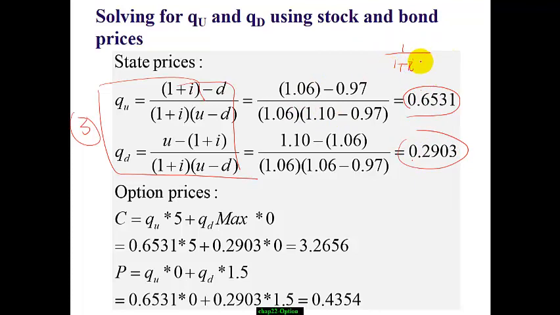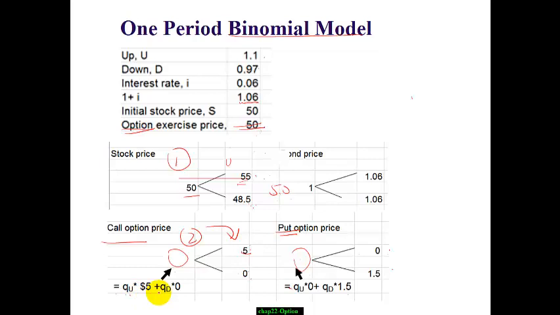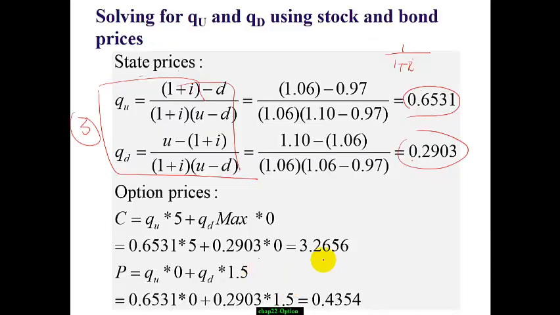It's not a discount factor. It's called a state price. So now we can plug the state prices into this relationship and price the call option and put option. So the call price is $3.27 and the put option is 44 cents.